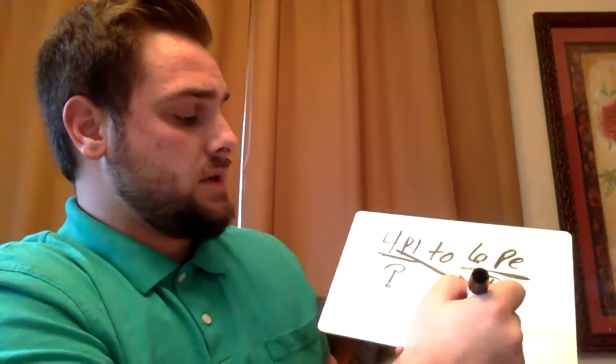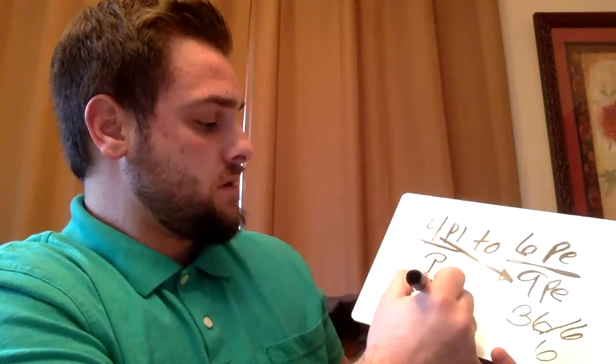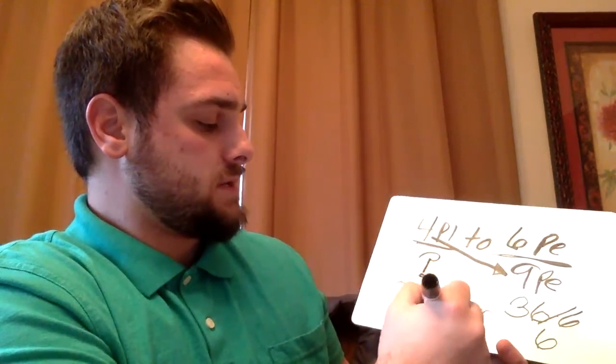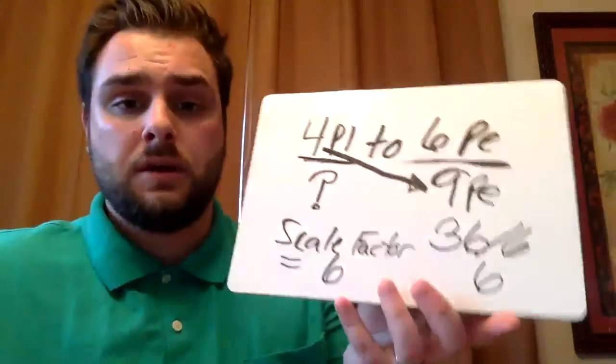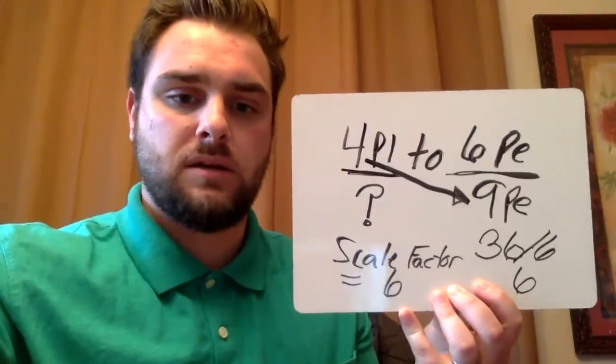Now you take 36 and divide it by 6. 36 divided by 6 we know is 6. So our scale factor equals 6. Hopefully you guys could see that there.